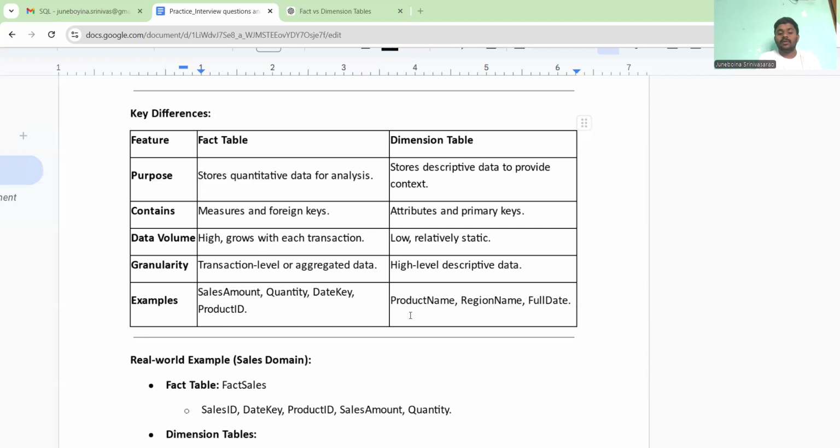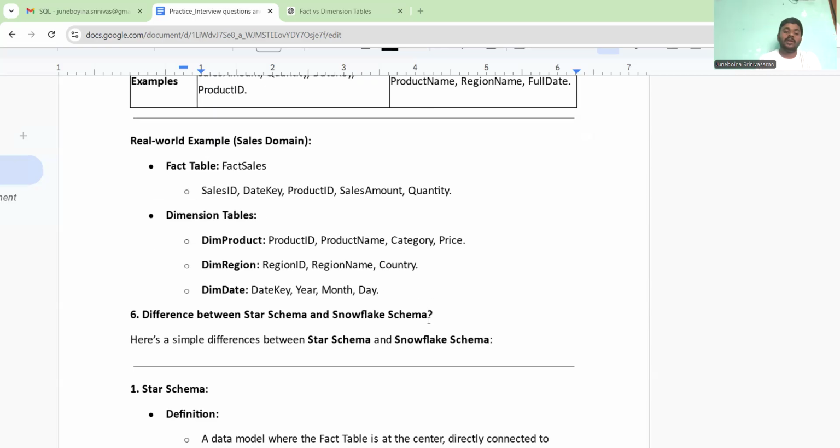Real world example. Here we understand this fact table and dimension table concepts by taking one real example. In sales domain, fact table is fact sales. The columns are sales ID, date key, product ID, sales amount, quantity. In dimension tables, dim product, dim region, dim date are the dimension tables.